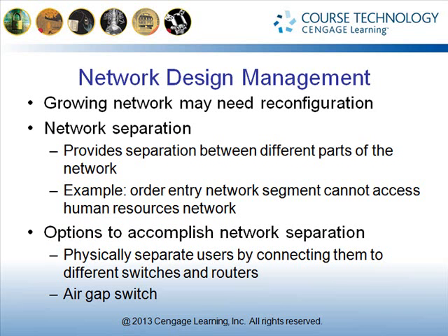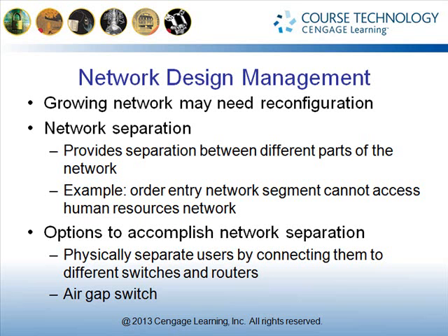In addition to device security, several network design management principles should be followed to make sure that the security of the network is properly maintained. There are several under this category. We'll first talk about network separation. As a network grows, we may need to reconfigure it to provide adequate security.